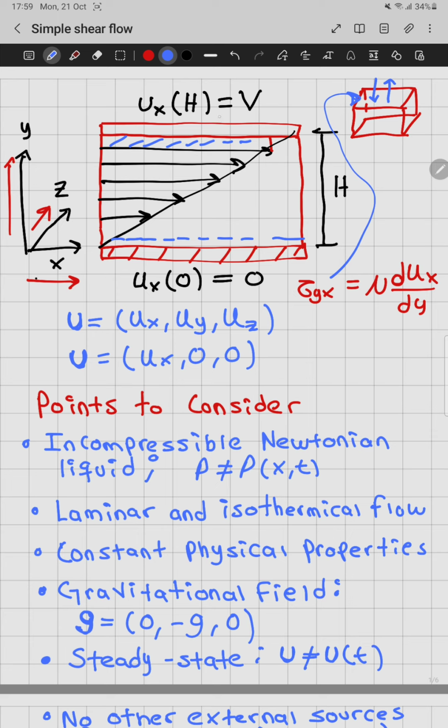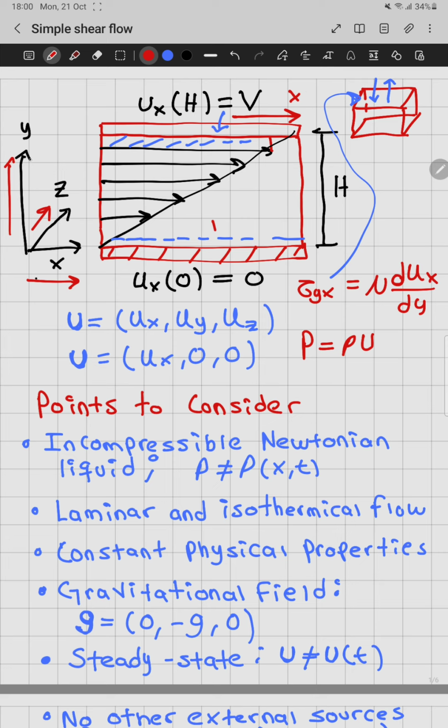So as I said before, we are applying a force over this surface. So this is going to cause a movement of the fluid in x direction. So the upper layers of fluids will drag down the lower layers of fluid, the ones that are here. So we say that the momentum, which is defined as this quantity P, is equal to the product of the density of the fluid multiplied by the fluid velocity.